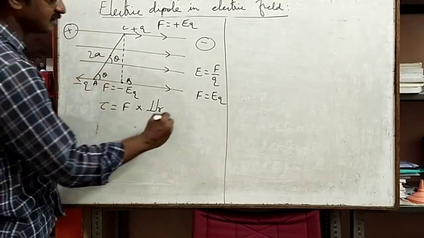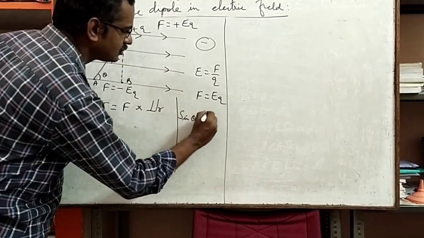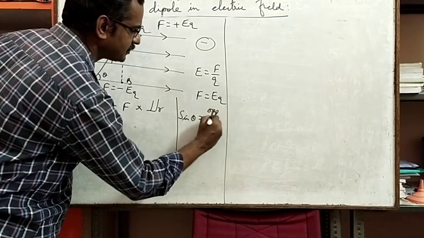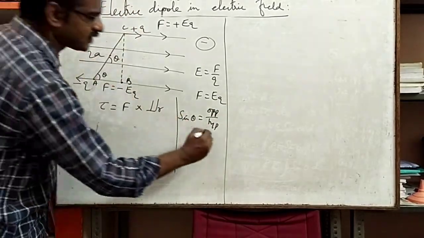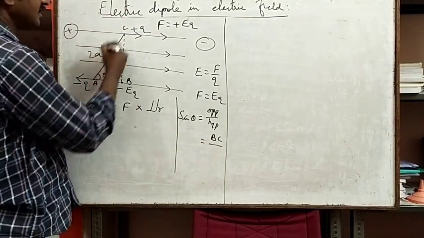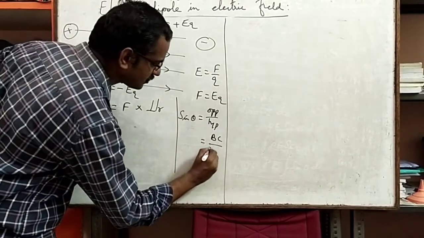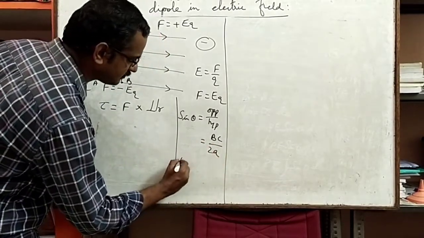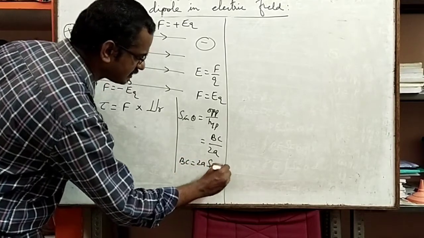Here sin theta is equal to opposite side by hypotenuse. Here opposite side is BC. Hypotenuse is AC. AC is nothing but the distance between the two charges, that is 2a. So we can write that BC is equal to 2a sin theta.